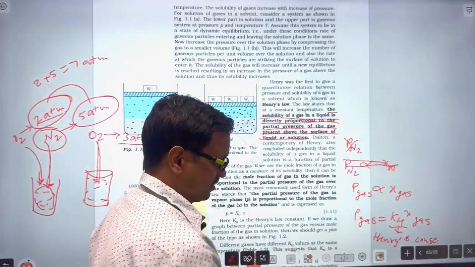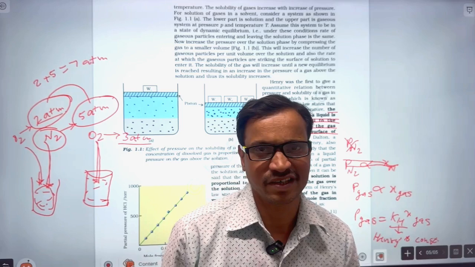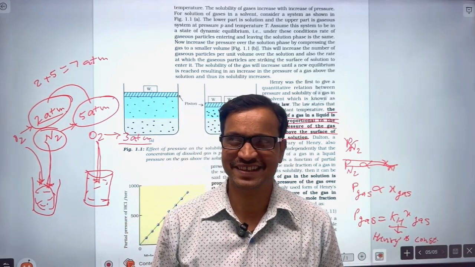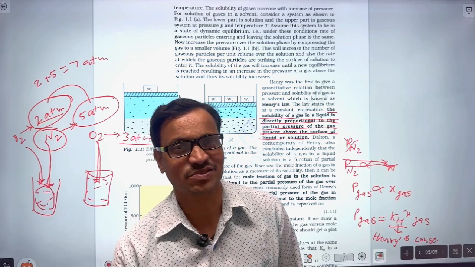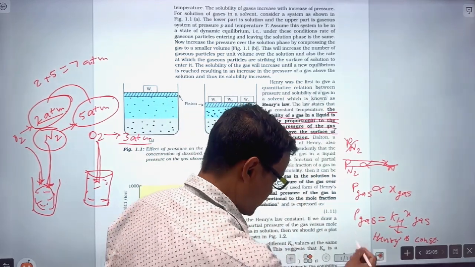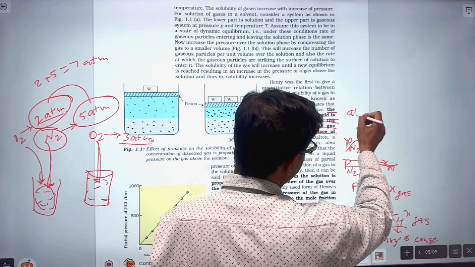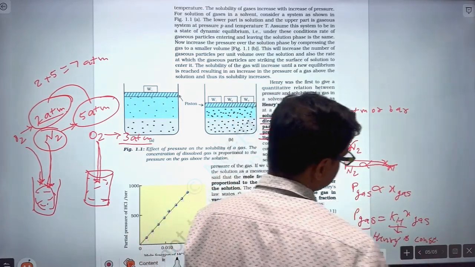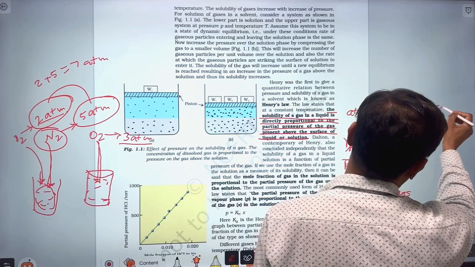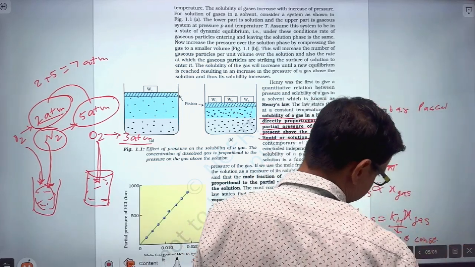In the NEET examination, there is a priority of asking the question: what is the unit of Henry's constant? Listen, partial pressure is of the gas, so its unit will be atm or bar or Pascal, whatever you would like to write. Mole fraction has no unit.